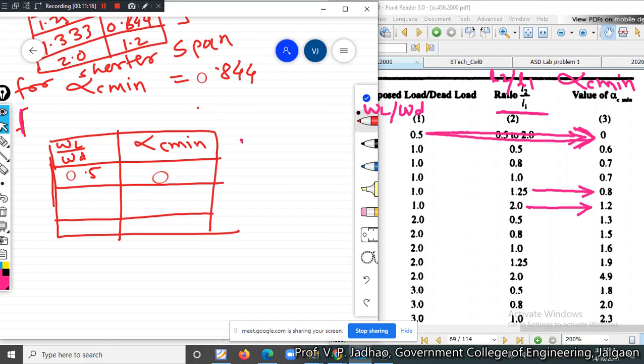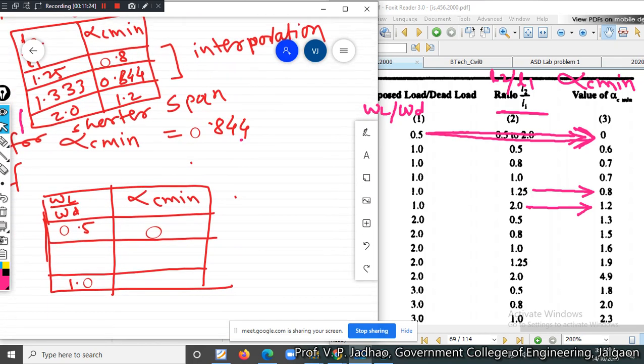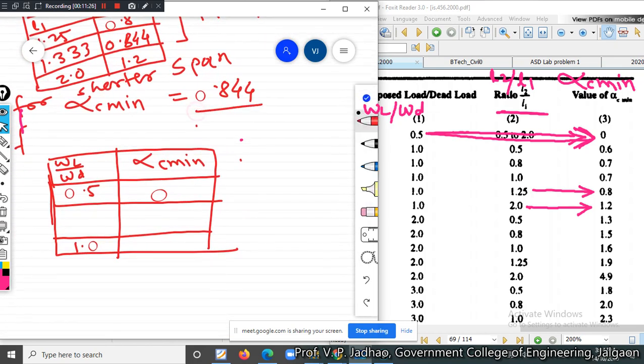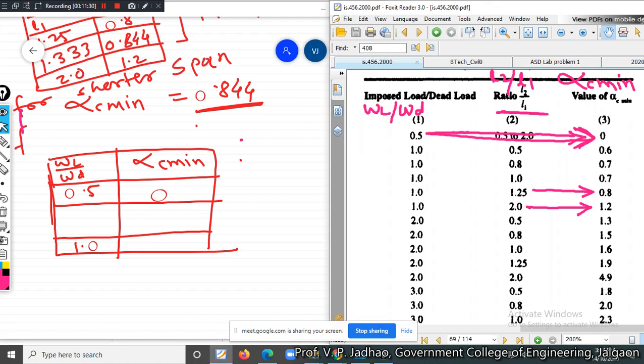Now for a value of 1.0, we have just calculated the value of alpha C minimum as 0.844. You can see here we have calculated up to this line, where the WL upon WD ratio is 1.0.